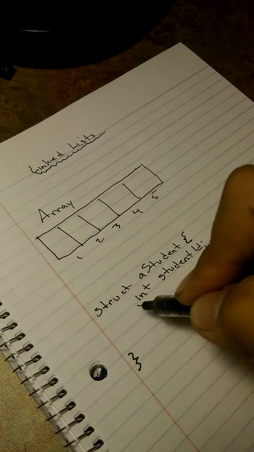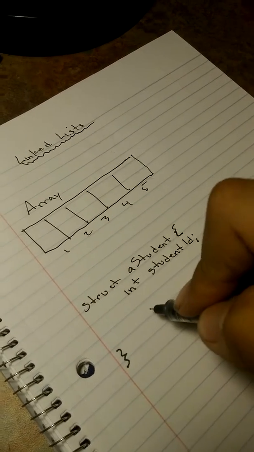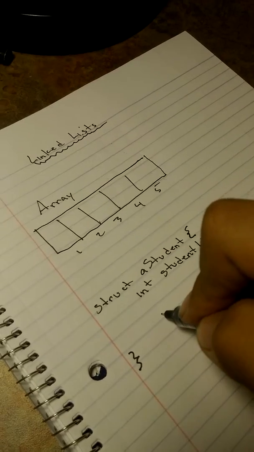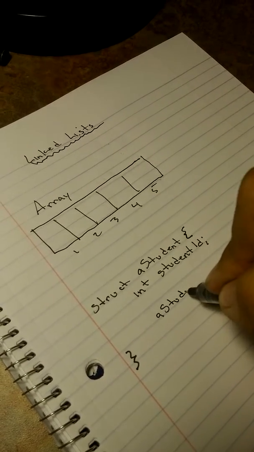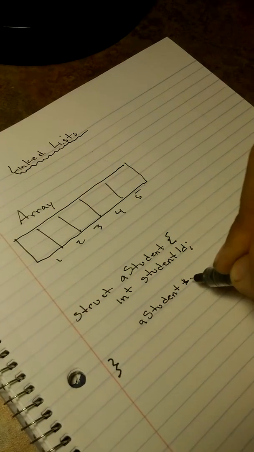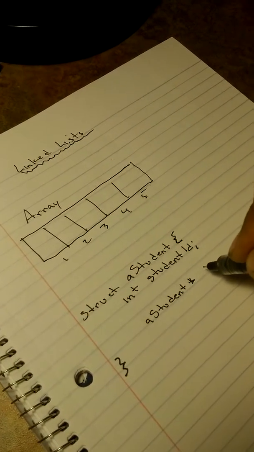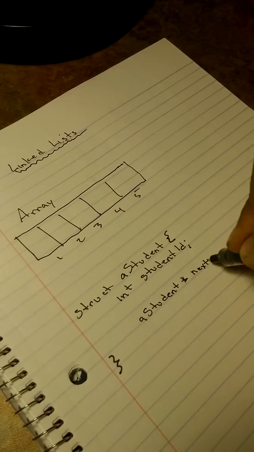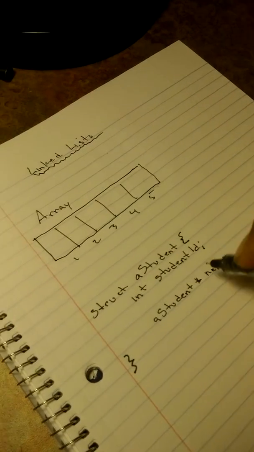Then within our struct we're going to create a pointer, and it's going to be of type student, a pointer to its own struct type, which is the link to the next item in our list. I like to call it next. I'm a fan of next because it makes sense.